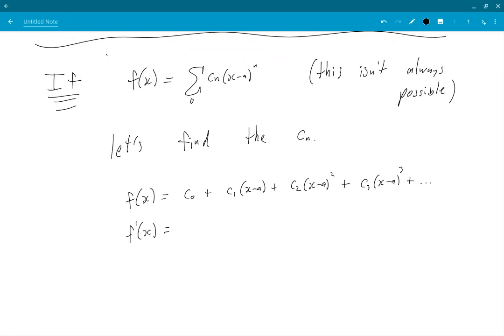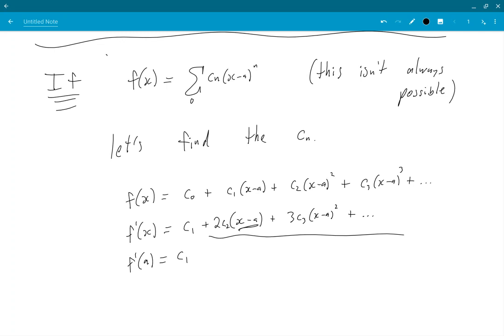So f prime of x is C1 plus 2C2 (x minus a) plus 3C3 (x minus a) squared plus dot dot dot. So f prime of a, if I plug a in for x, here's the trick, you get just C1 because all these terms go away. They all have a 0.